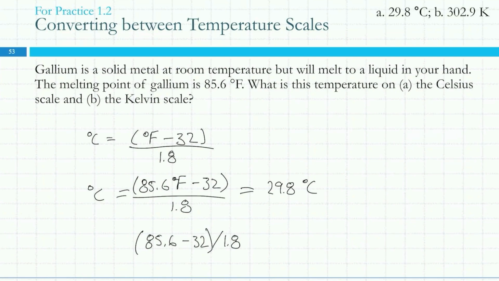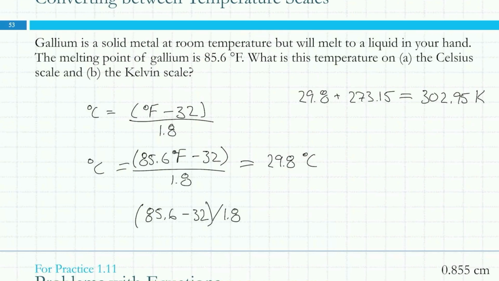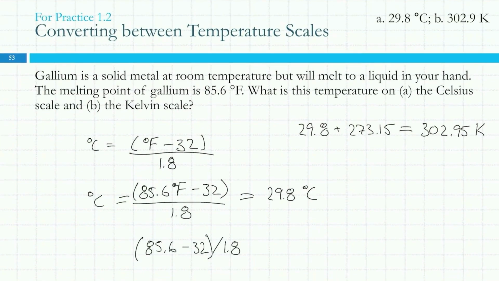So what's that on the Kelvin scale? Well, just take 29.8 plus 273.15. Oops, plus. Okay, so I played myself. The actual answer here, maybe I looked at the slide, automatically did the sig figs.